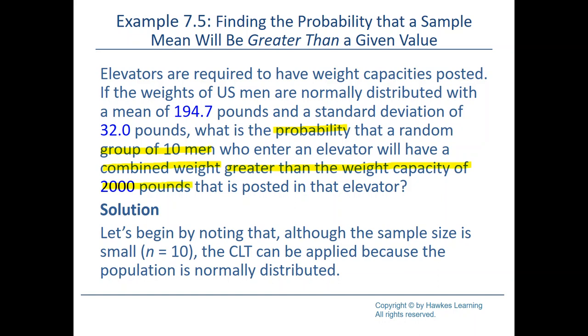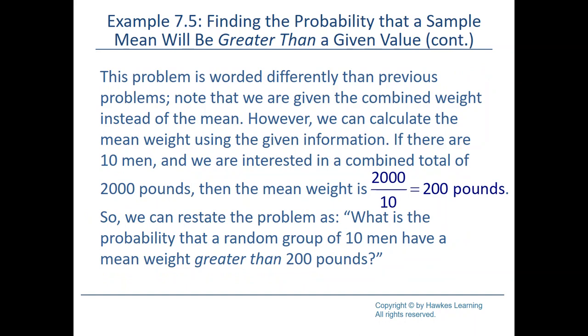Now, this problem is worded differently than the previous problems, and the biggest note is that it said the words combined weight instead of a mean. So basically, as we were working on some of the previous problems, everything was based on just a generalized mean.